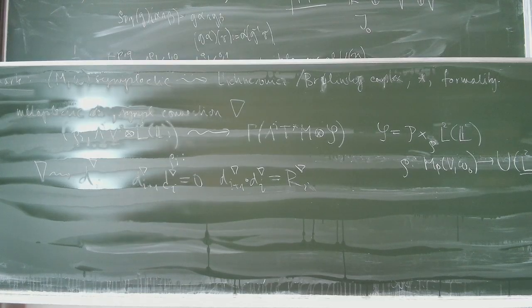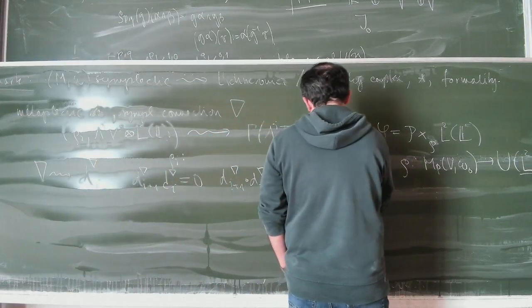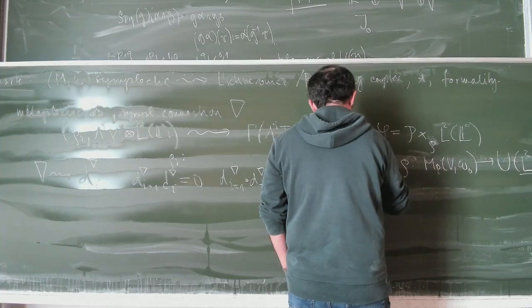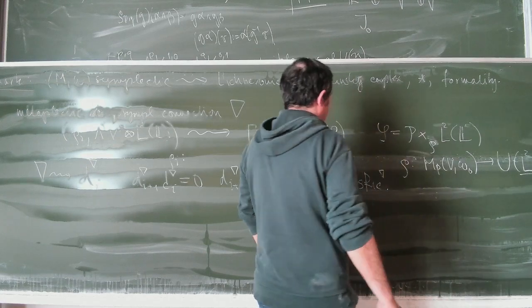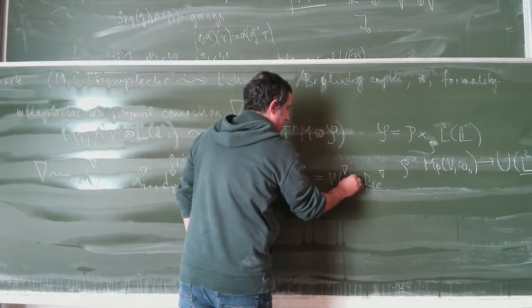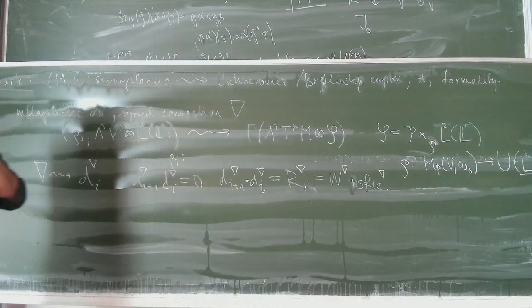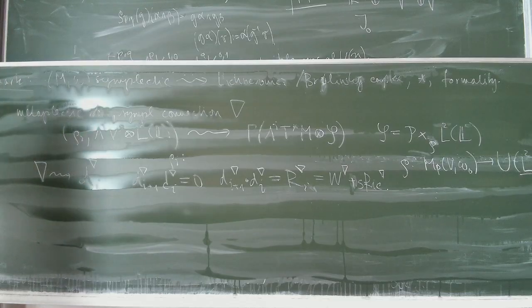So it decomposes into the Weyl and symplectic Ricci part. It's similar to Riemannian geometry, but there is no scalar curvature. This is the difference to the previous case. There is no scalar curvature.